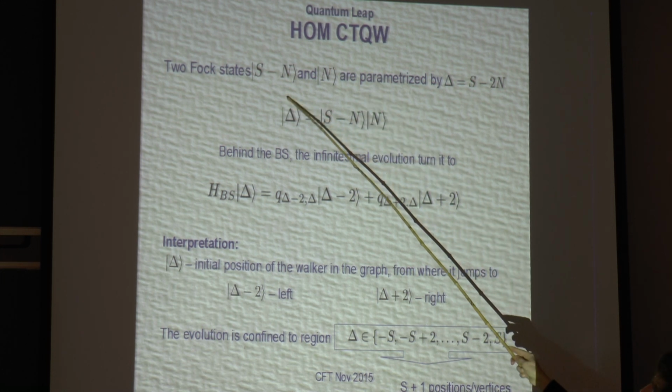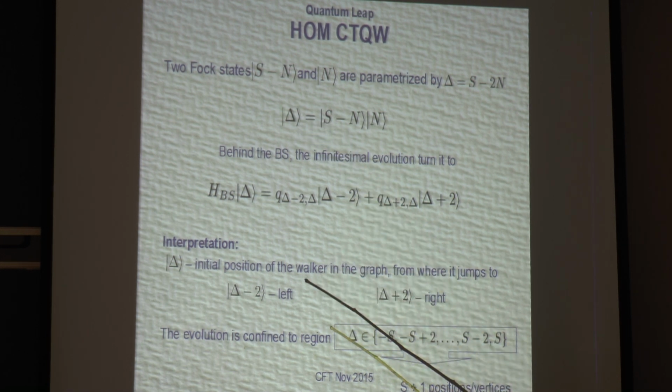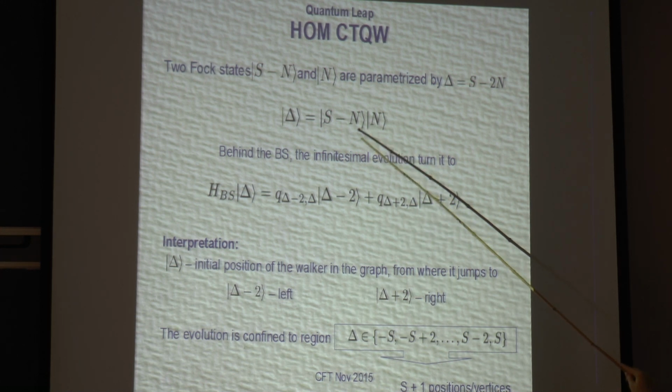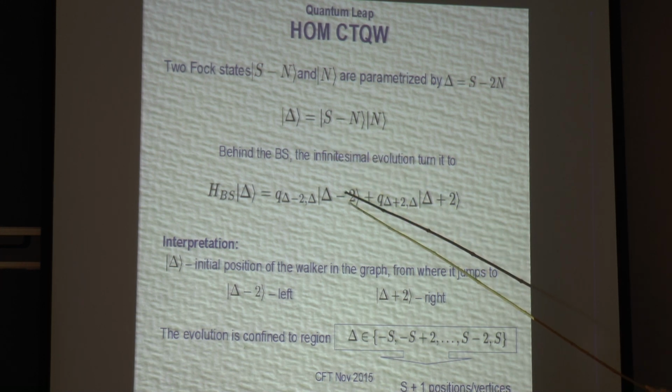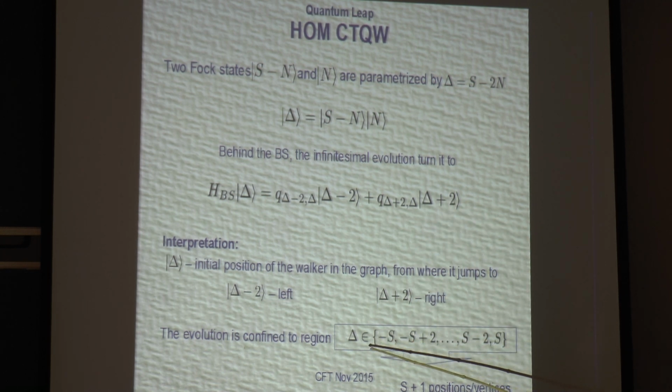Thus, I am assigning that such two Fock states are modeling one particular vertex in the graph. Behind the beam splitter, the infinitesimal evolution turns the walker position to the following superposition: one step to the left and one step to the right. I can show that the number of positions we can have here is S plus 1. S is the total number of photons.